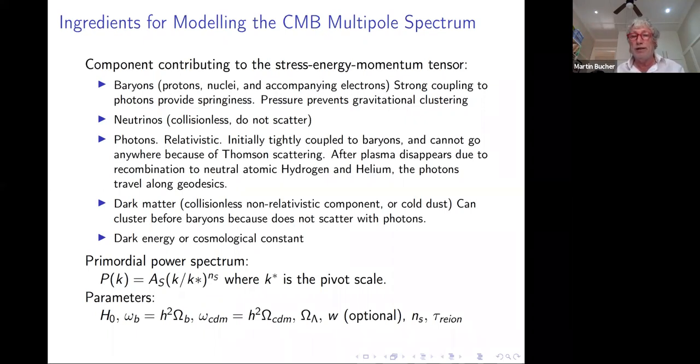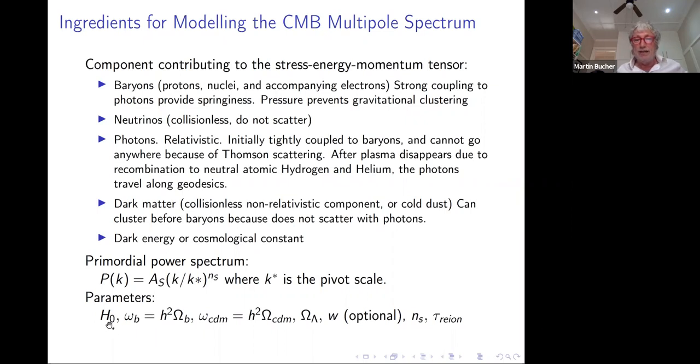So that gives you information about the shape, and then there's an amplitude. So in this parameterization, there are just 2 parameters for the primordial power spectrum. One could have more.